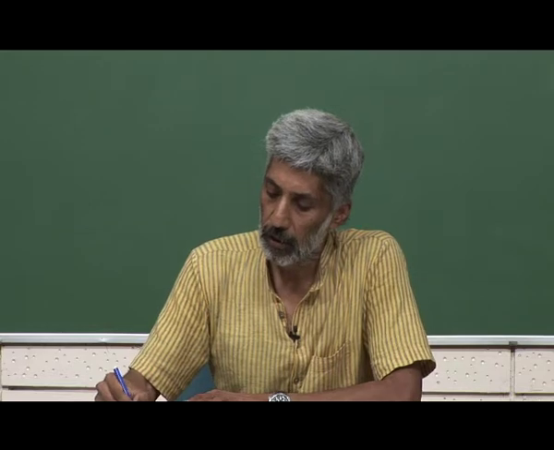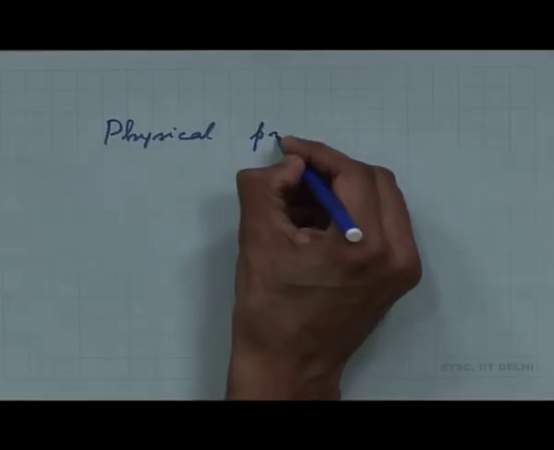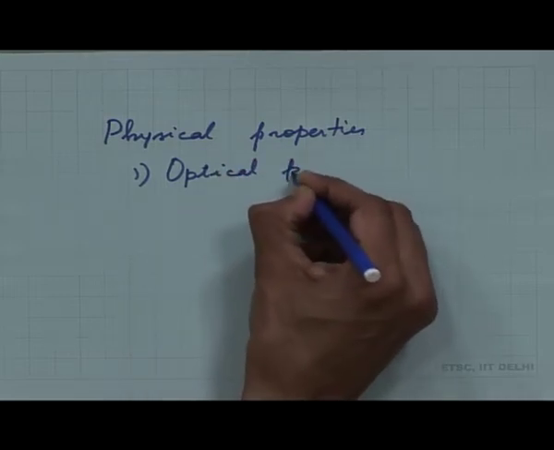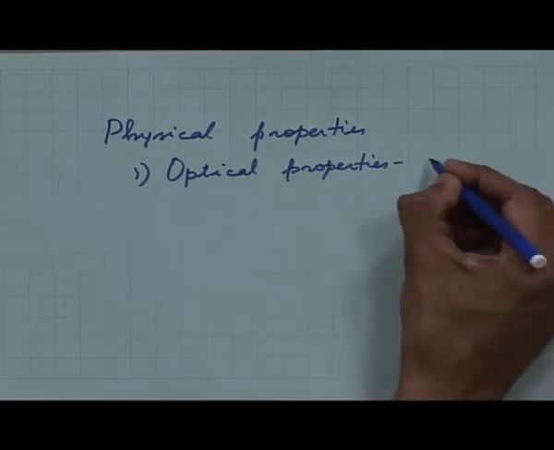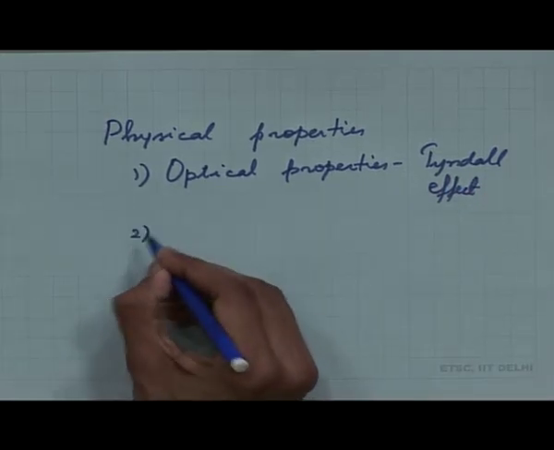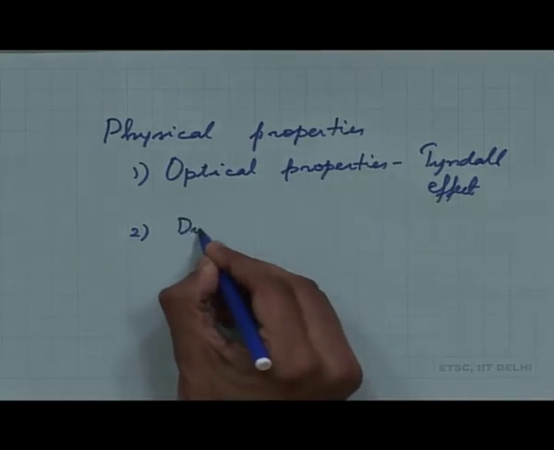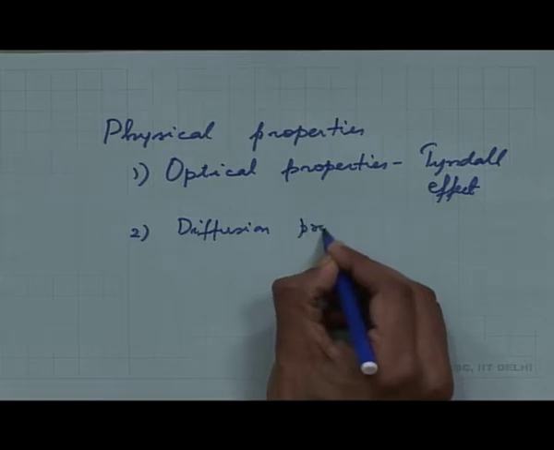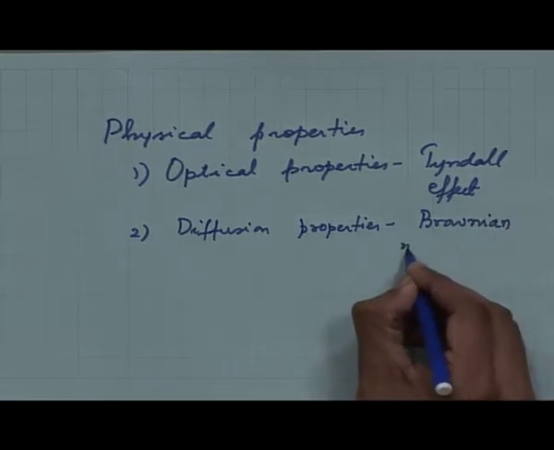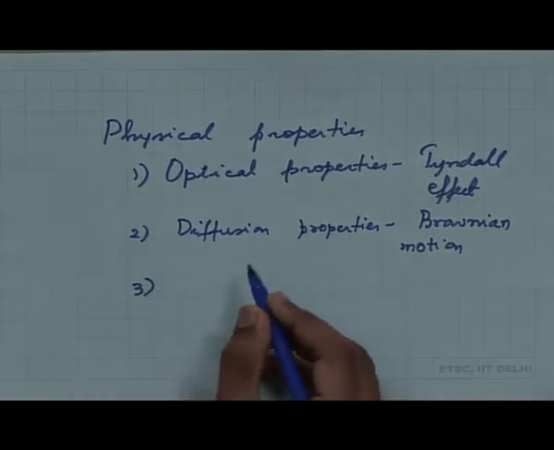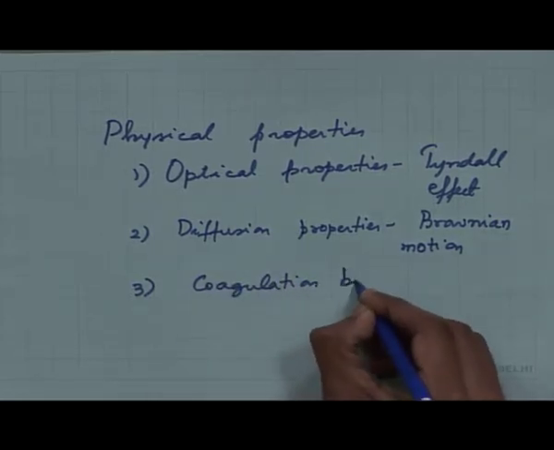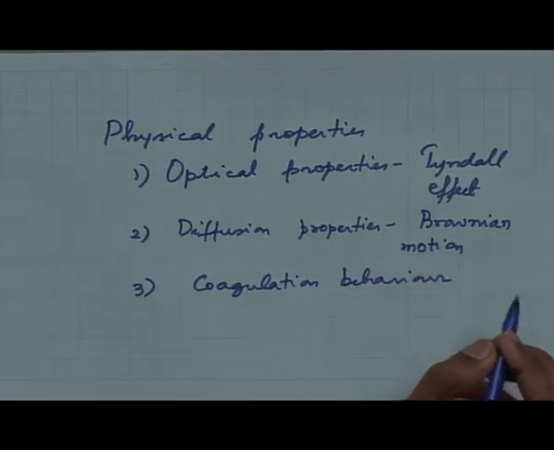We have looked at some of the things that we have considered in this: optical properties, where we looked at the Tyndall effect, some of the diffusion properties, that is Brownian motion, and finally the coagulation behavior of these colloidal particles.